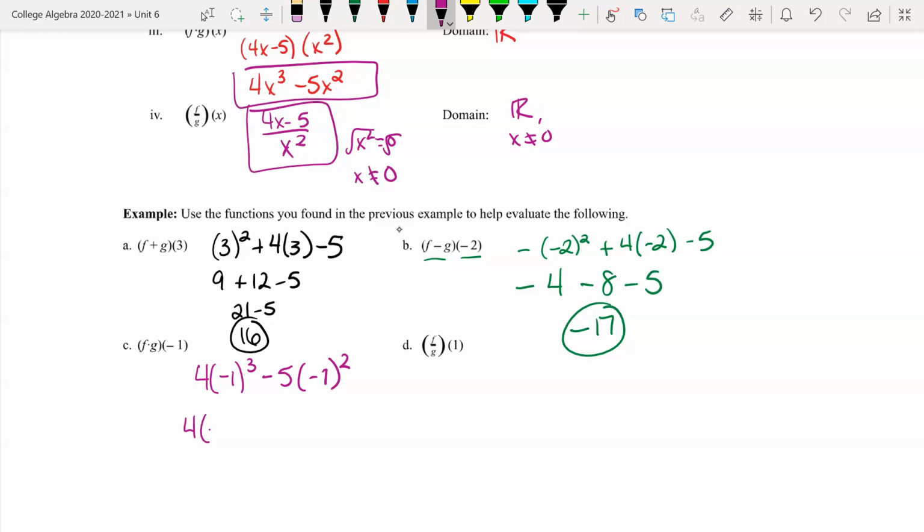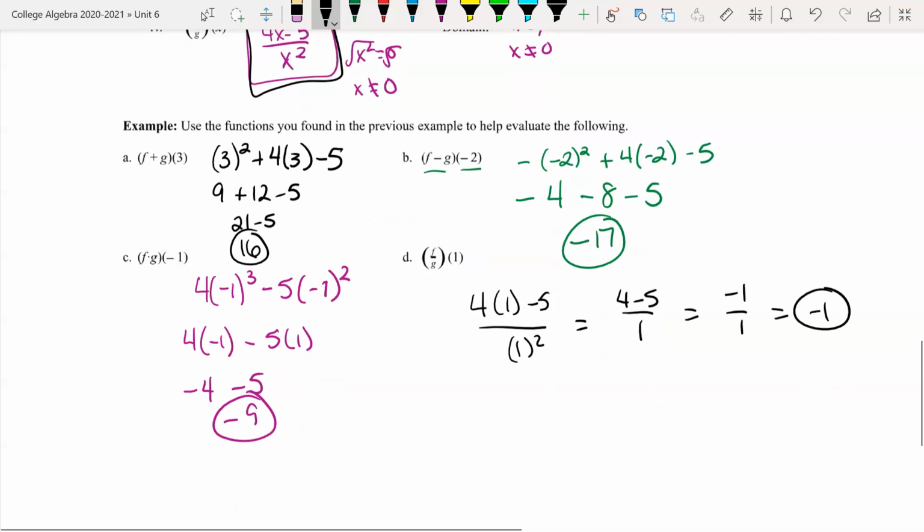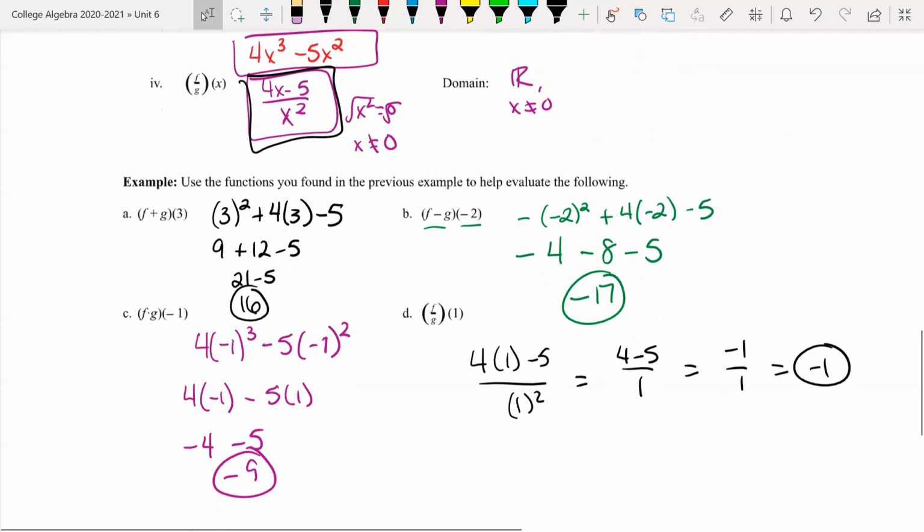So this would be 4 times negative 1 minus 5 times 1. Negative 4 minus 5, which would be negative 9. And lastly, again, you already found the answers. You just got to plug in the number and solve it. So that's really all this is.